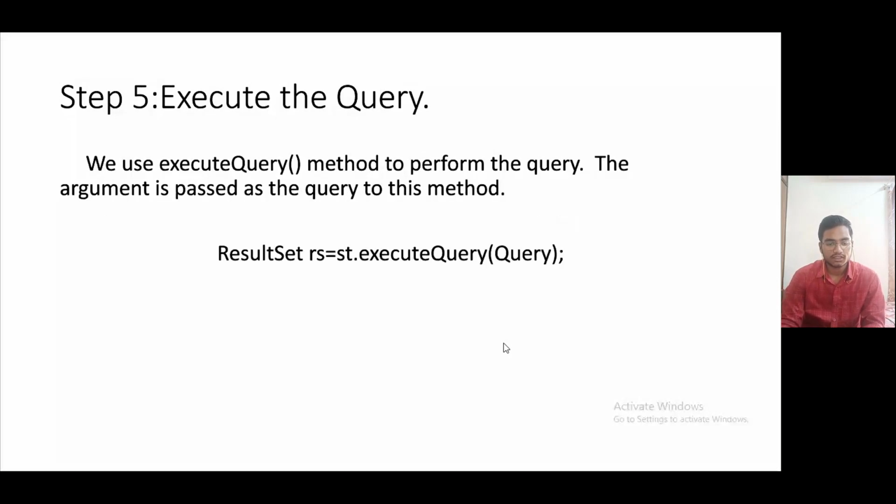In the previous step, we can see that the return type of the statement executeQuery is assigned to the object referred to as ResultSet. So the ResultSet object rs is used to store the result after executing the query. It returns the table and it is stored in the rs object.